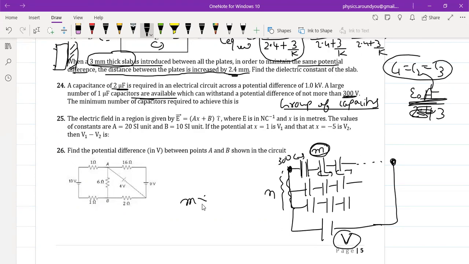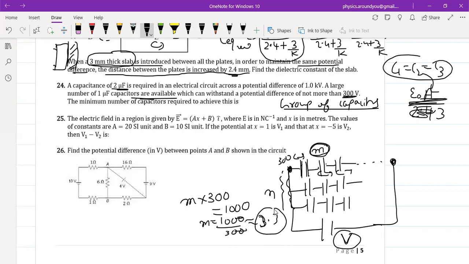So m times 300 plus 300 plus 300 and so on should be nearly equal to the supplied voltage. Supplied voltage is 1000. So m should be 1000 by 300, and this shall give me around 3.3.